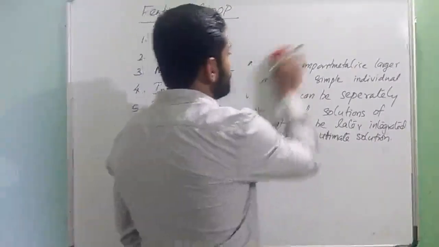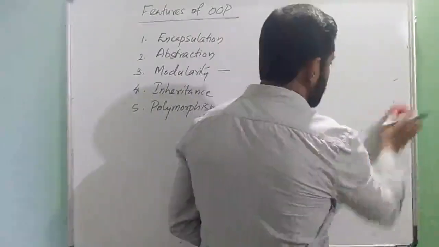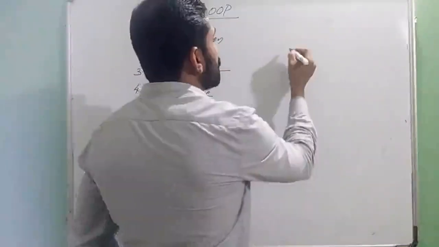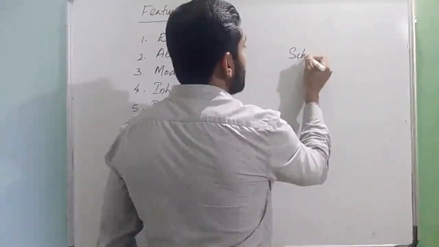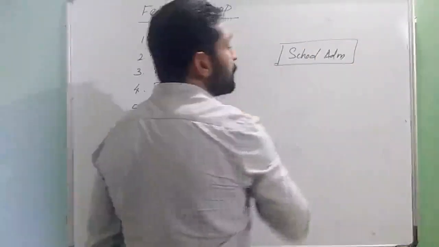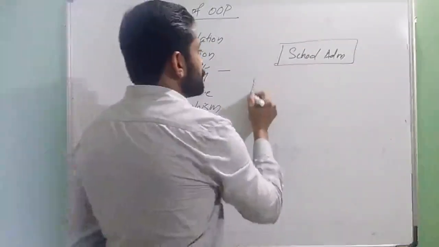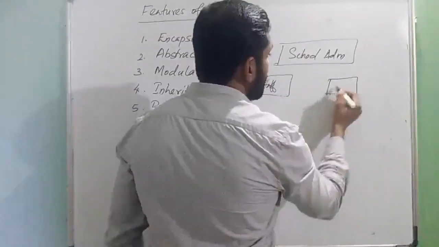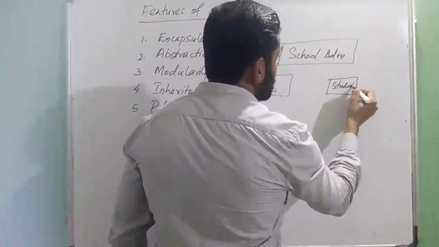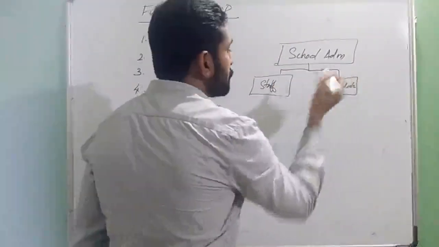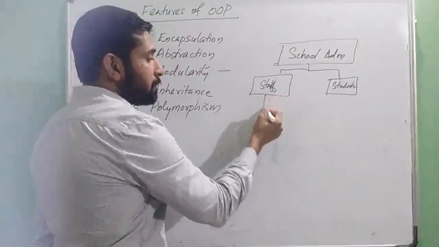Suppose we have a big problem, school administration. It can be divided into two parts, staff and students, each subdivided into two. This can be further divided.